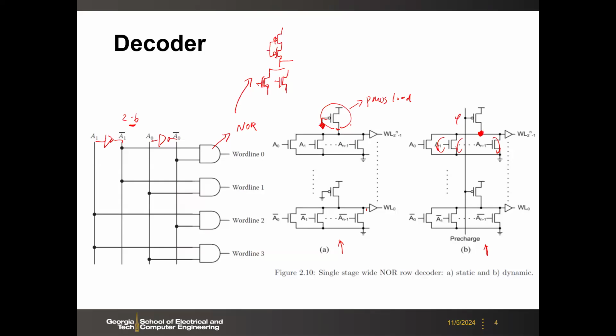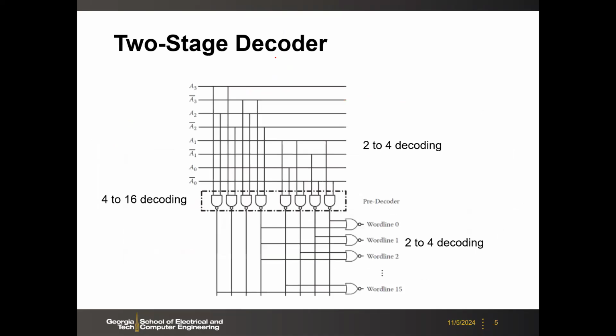Okay, if the input is just 3 bits or 4 bits, fine. But if you have 6 bits or 8 bits, then the fully CMOS design will be really big. So to address that issue, people typically split this into a 2-stage decoder. Let's say you have 8 input address bits, then you want to split that into 2 stages.